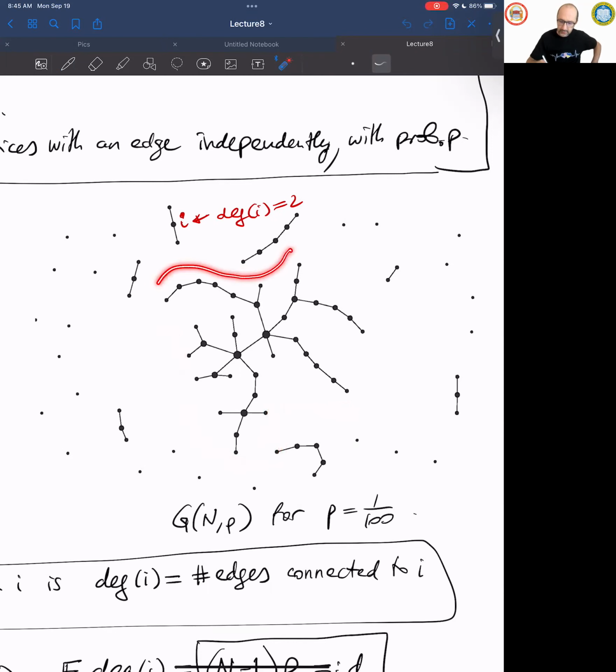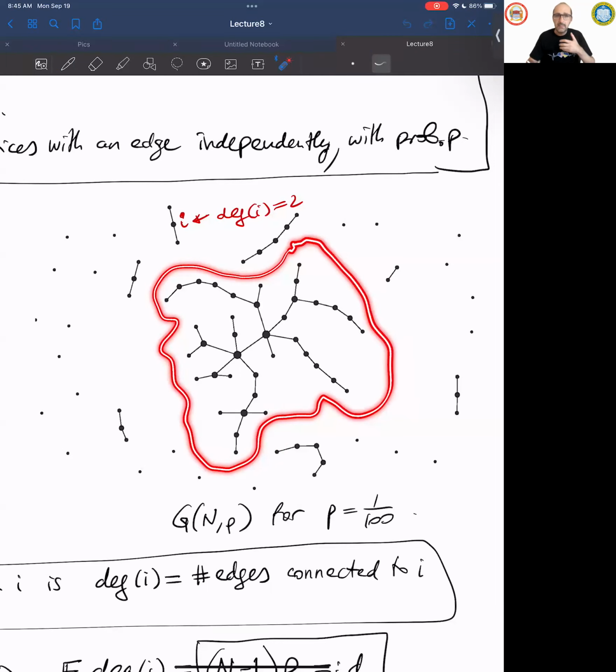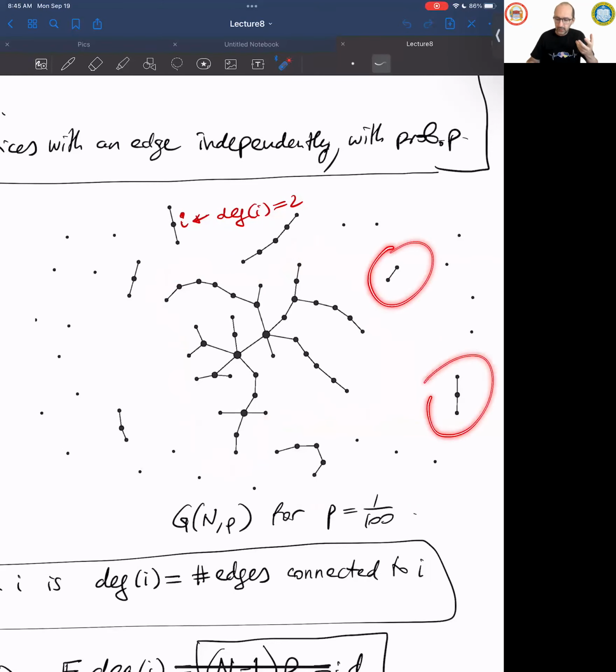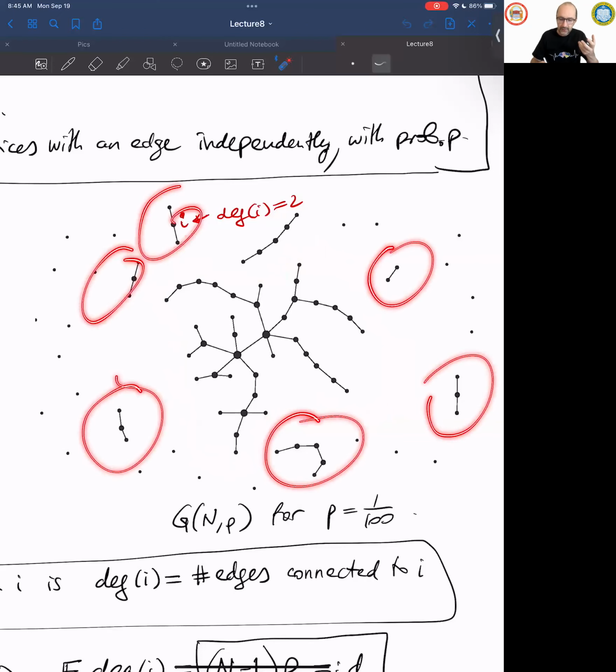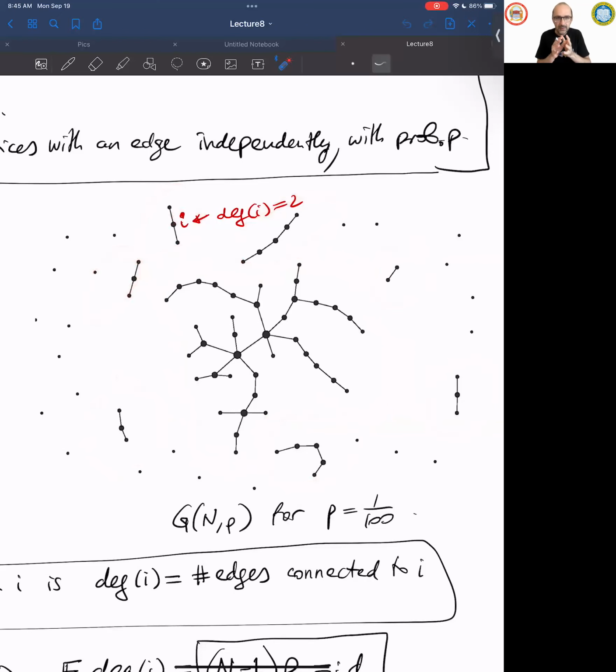The giant component is a connected component that has much more vertices than all others. In fact, the total size of everything else will be logarithmic compared to that giant component. So it's exponentially larger. Suddenly things start to form together.